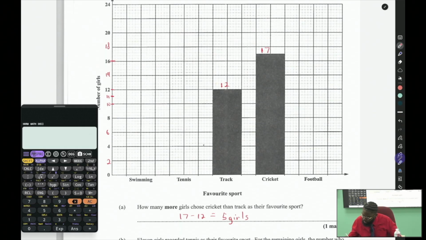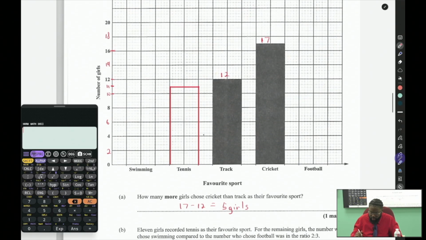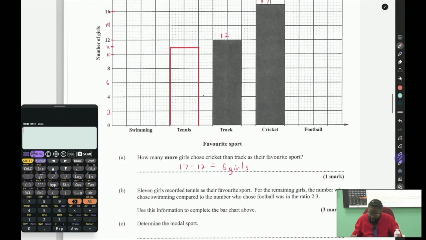So we're going to draw it as accurately as possible. And that would be our 11 girls for tennis.